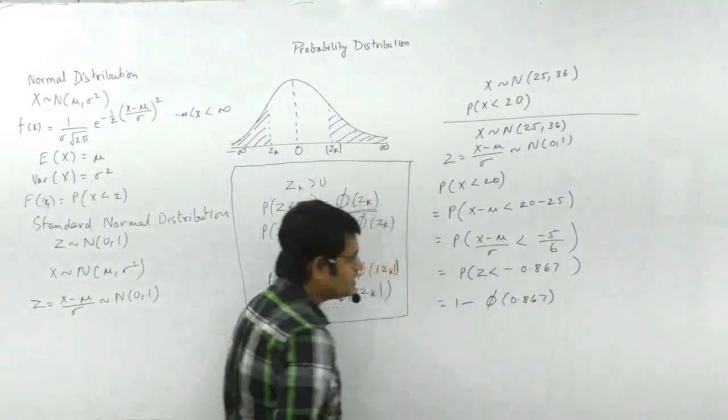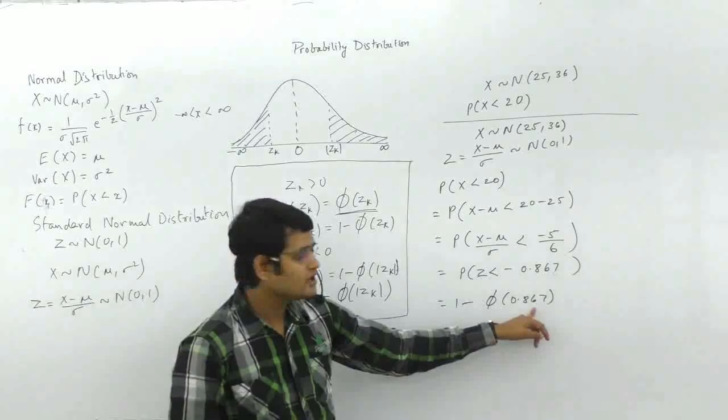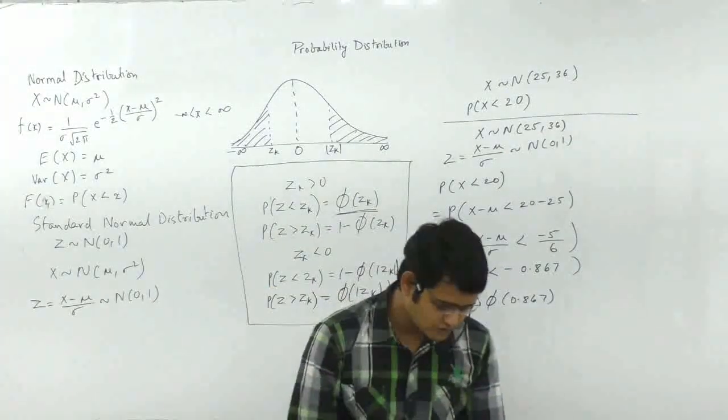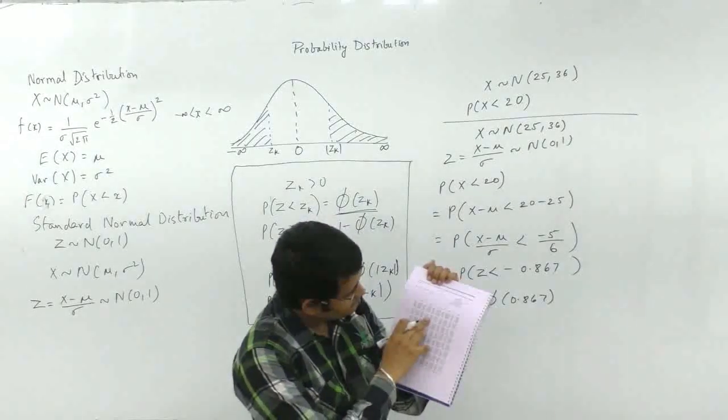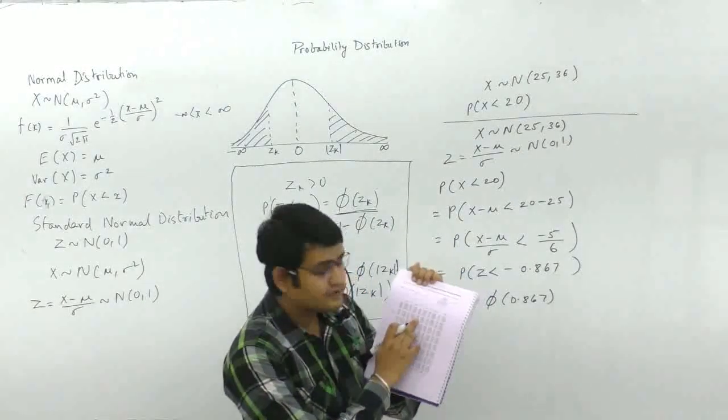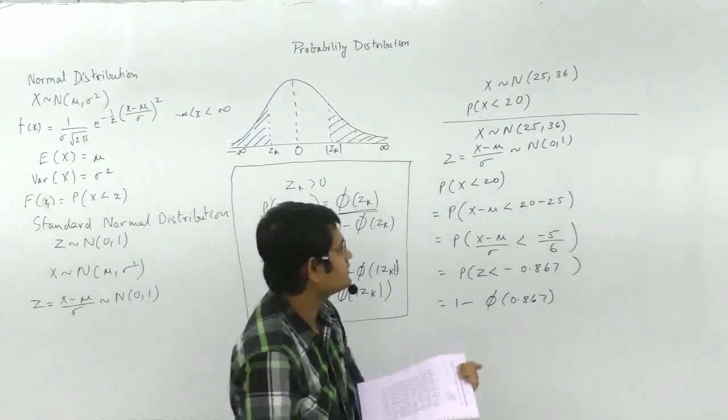Now let's find this particular probability from our table book. In our table book, you'll find the probability for 0.86 and the probability for 0.87.